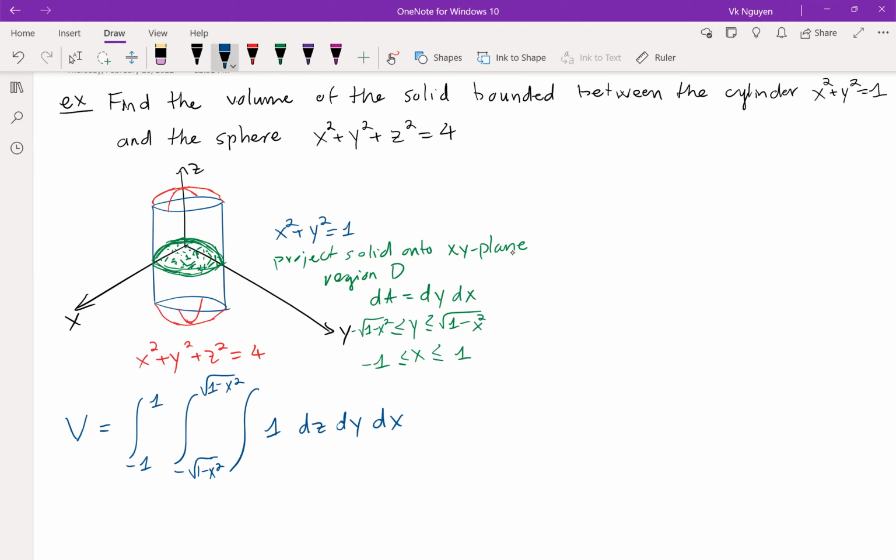And then where does the z go from? Z is the height, right? So it goes from the bottom of the sphere to the top of the sphere. So if you solve for z, you see that z equals plus or minus square root of 4 minus x squared minus y squared.